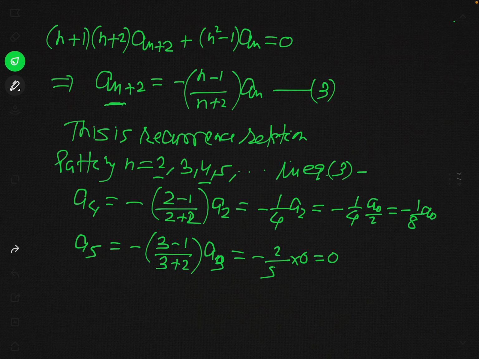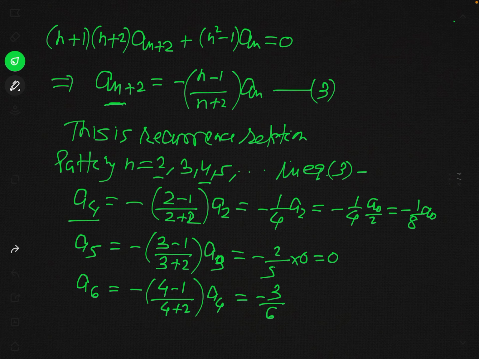Now let us put n equal to 4. When we put n equal to 4, the coefficient will be a6. You can see I have taken n equal to 4, so this is minus 4 minus 1 over 4 plus 2 into a4, which is minus 3 over 6 into a4.